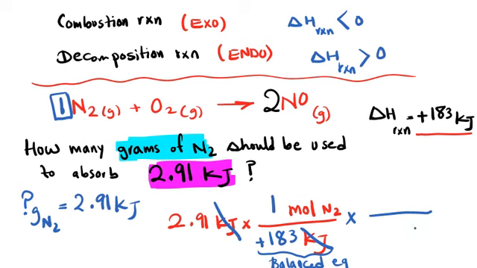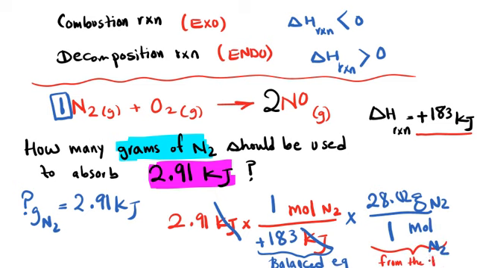Then we write the second conversion factor, moles nitrogen, and convert that one to grams nitrogen. For mole and mass, we need to use molar mass. 28.02 grams is coming from the periodic table. Moles and moles cancel out. So you can easily calculate the amount of nitrogen in grams.